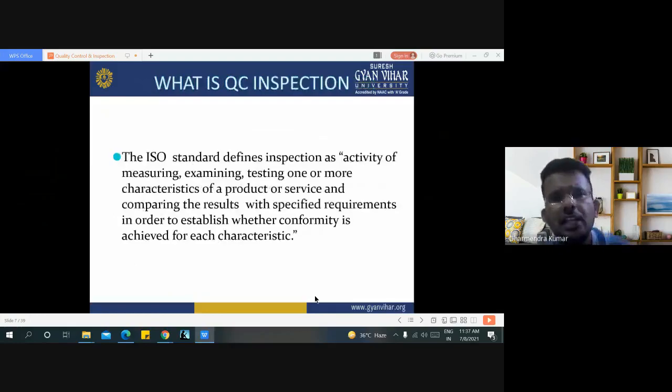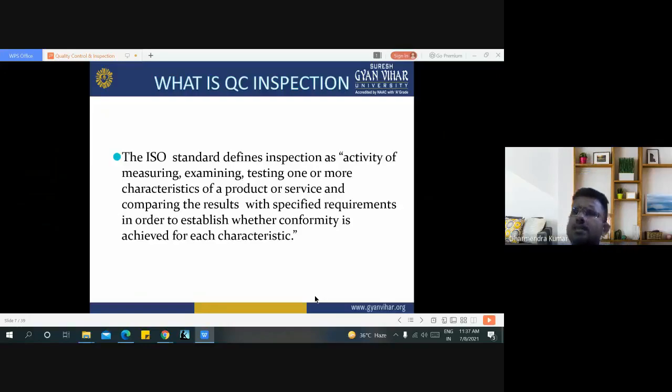What is quality control inspection? According to the ISO, it is the activity of measuring, examining, testing one or more characteristics of a product or service and comparing the result with the specified requirement characteristics in order to establish whether conformity is achieved for each characteristic or not.